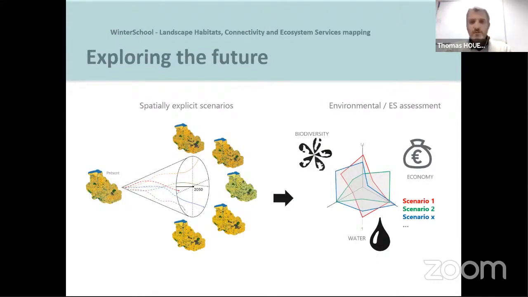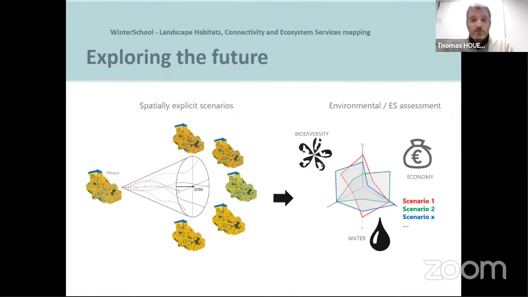So this is just a way of making a small reminder about the philosophy of ARIES. Basically, it was to develop this kind of tools, but also to explore the future based on what if there is no B genes and what if there are B genes, and what do we gain in terms of ecosystem services, or what are we going to lose in the future, based on this very simple scenario comparison between a business as usual scenario or a B gene scenario.